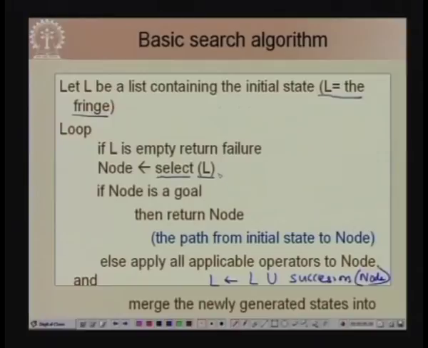Now, as we will see, the various search algorithms differ as to how we position the different successors into the fringe, and consequently which node we select for expansion from the nodes in the fringe.